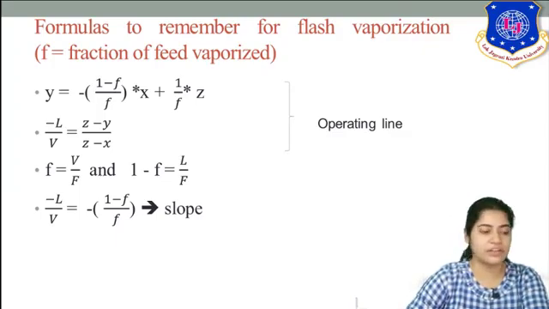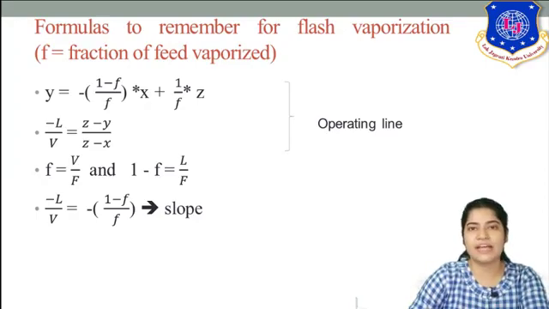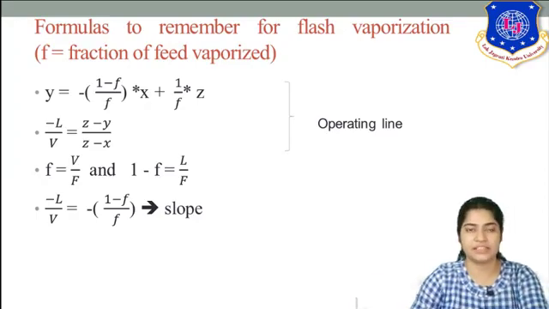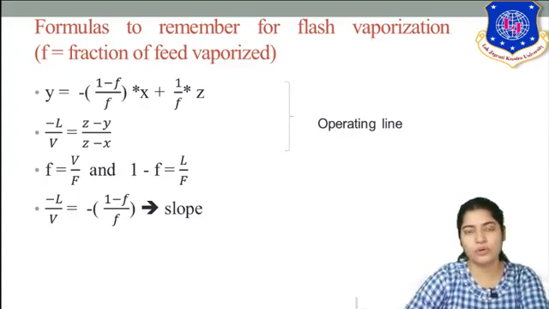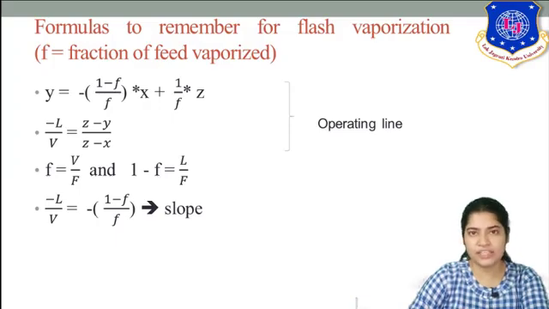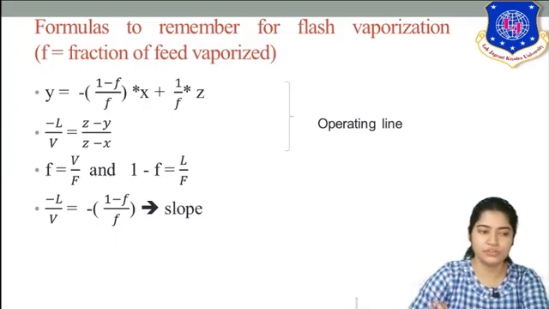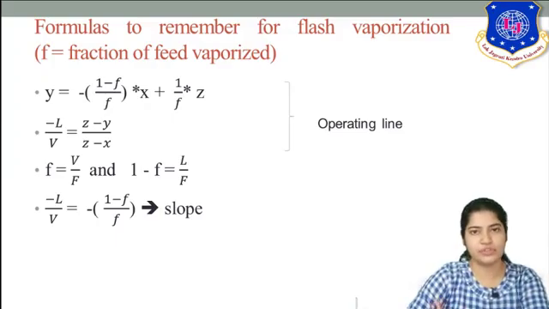Revise quickly: f is V by F, the amount of vapors upon the amount of feed, and similarly 1 minus f is L by F. So f is the fraction of feed vaporized, hence we take the amount of vapor per feed. What is your slope? Minus L by V is equal to minus (1 minus f) by f. These are the equations you have to remember.